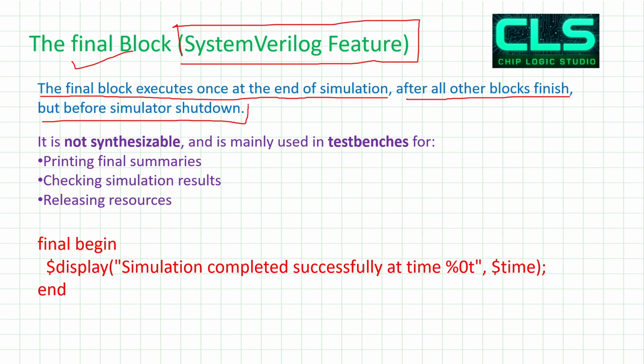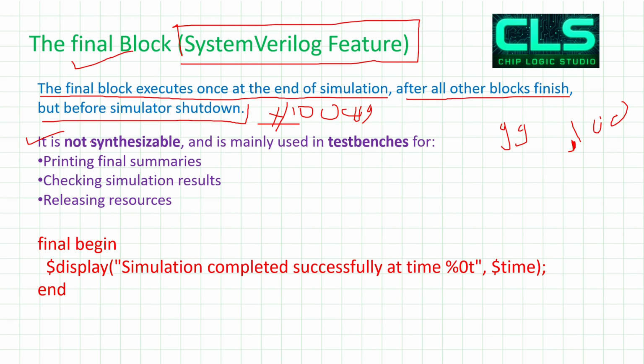But it executes before simulator shutdown. As I said earlier, if you have written a dollar finish at 100 nanosecond, it will not stop at 99, but just before 100, close to 100 or at 100 only. And it is non-synthesizable, as you know, there can be no hardware circuit for a final block.